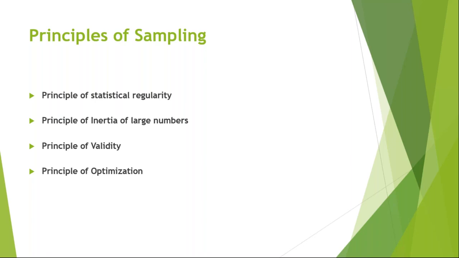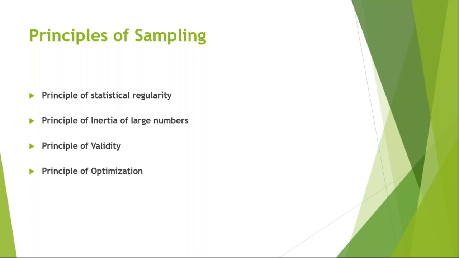It must provide a valid estimate about the population. At the end of the day, your result must give us a valid estimate or valid characteristics of that particular population.